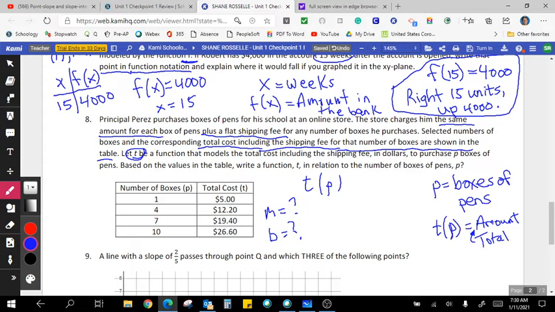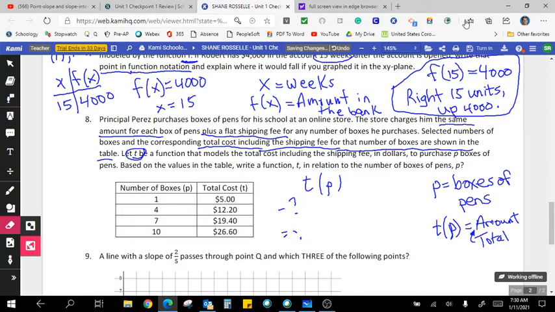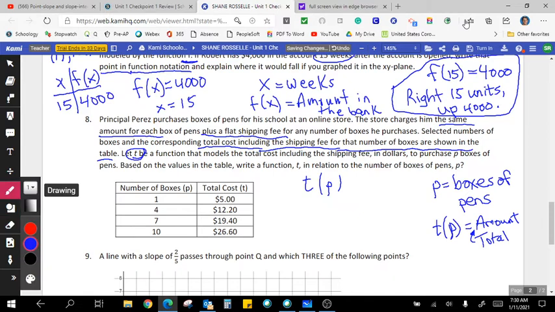The slope is the rate of change. We know that it's constant because it tells us that it's constant, so we know that it's a line, and we can assume that already. So I'm going to rewrite this over here, just write it as what we need to find.